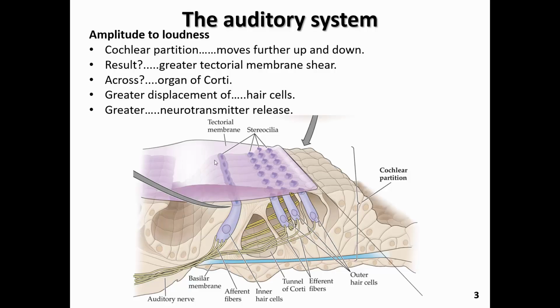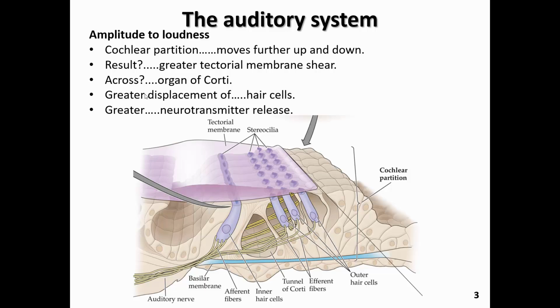That's what we see here illustrated in purple, across the organ of Corti. Remember, the organ of Corti is the fundamental unit inside the ear that is responsible for transducing the pressure wave into bioelectrical signals.